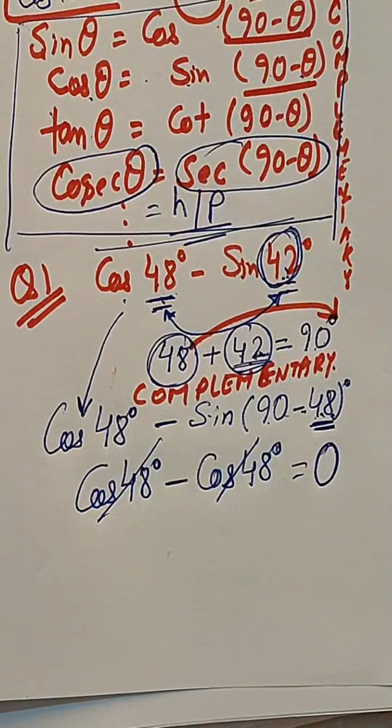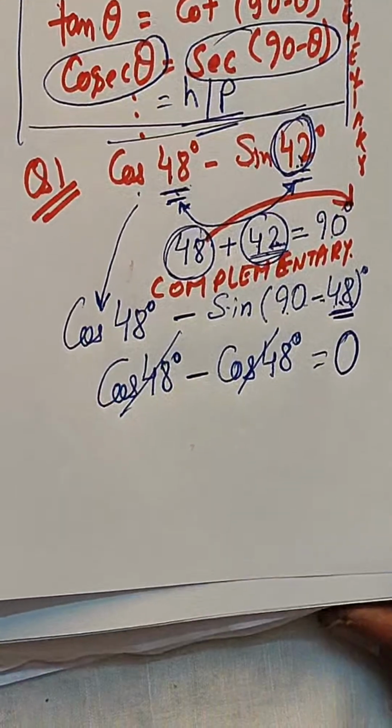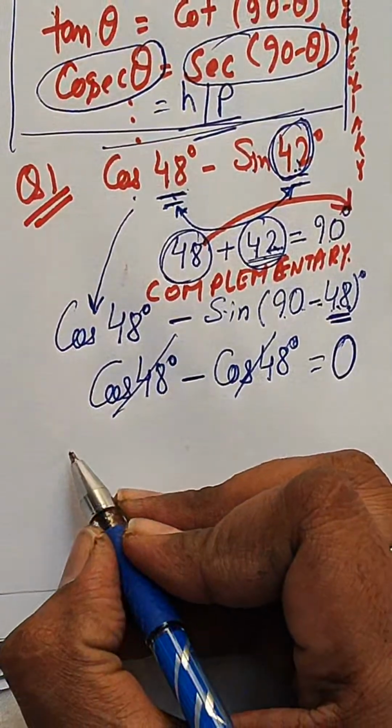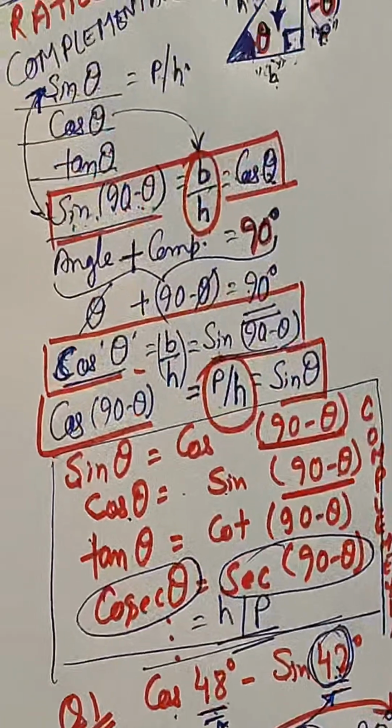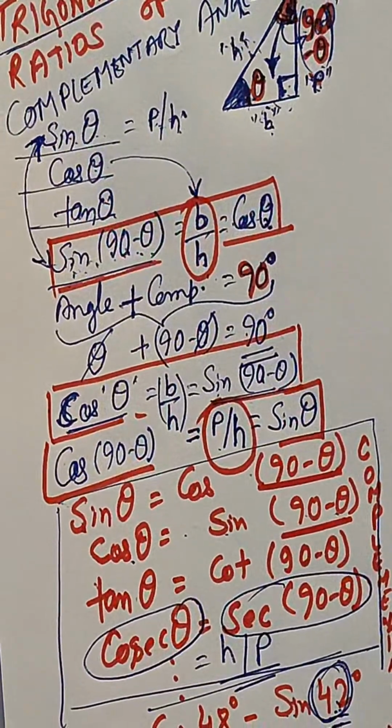Right? Now, if you want, we can take another question. Let us make our concepts clear for these complementary angles. Okay? So in the second question, we'll take some good questions for discussion today.